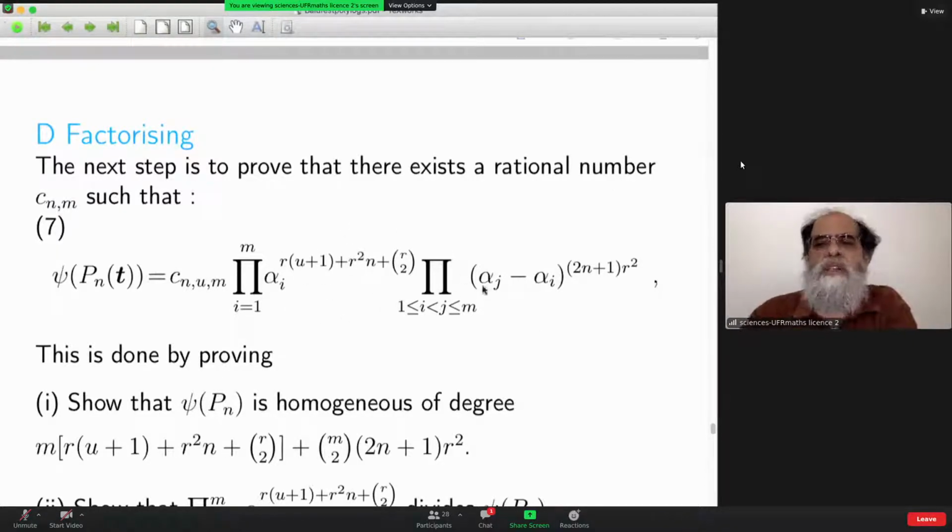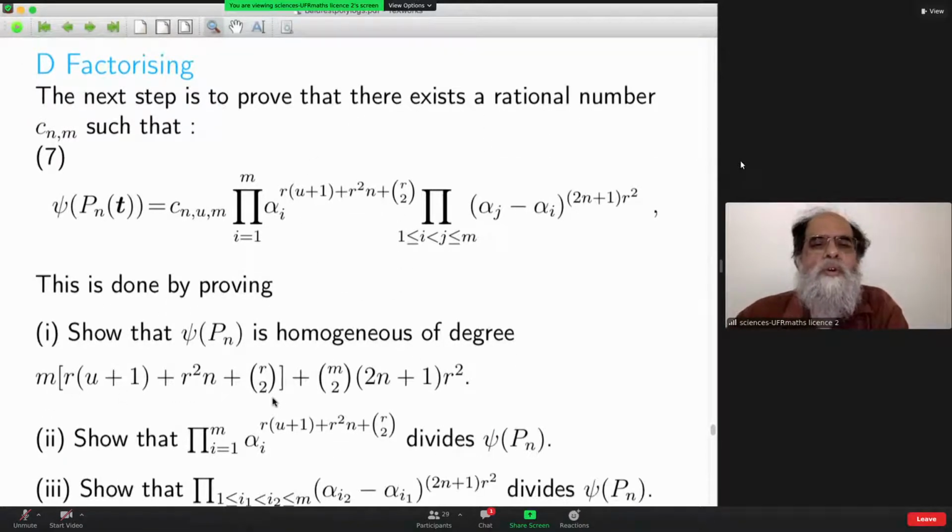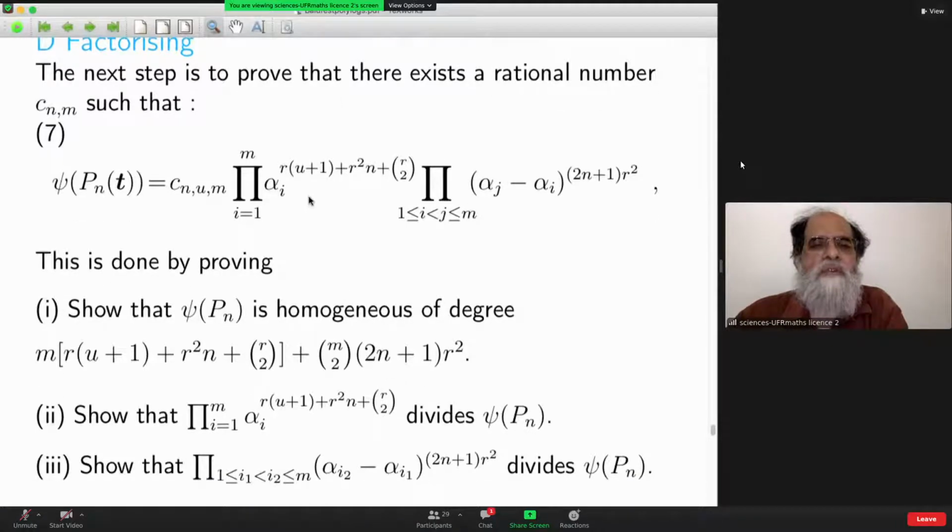And then your challenge is to prove that the polynomial is divisible by the difference alpha_i, like in the Vandermonde, with the right exponent. So what you do is you show that it's a homogeneous polynomial, and these factors are trivial roots. Once you prove that these factors are trivial roots, you just need to find these roots.